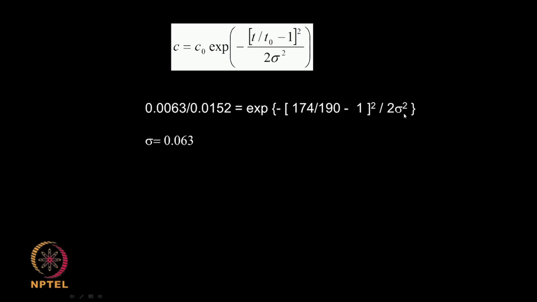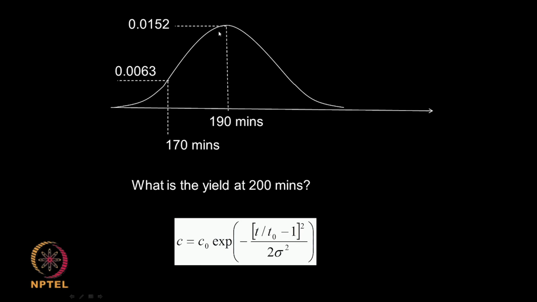So, from there I can calculate sigma. That is the first step, I calculate sigma, because I know T naught, I know C naught, I know at some time T what is the concentration C. So, I use this equation to calculate my sigma.